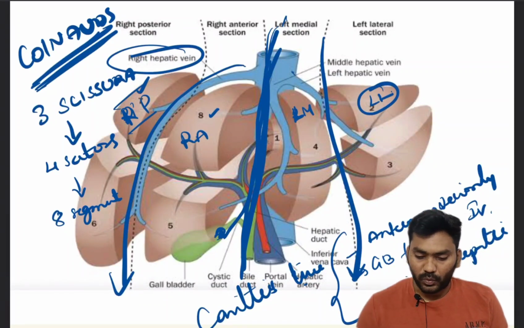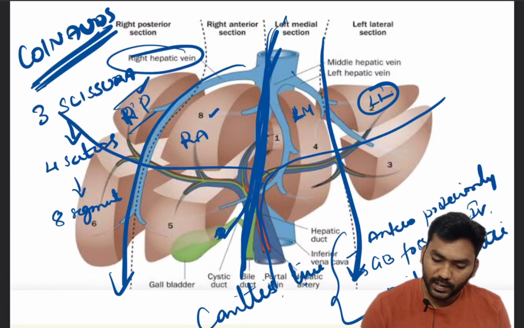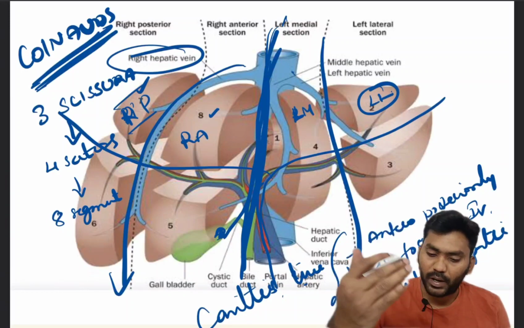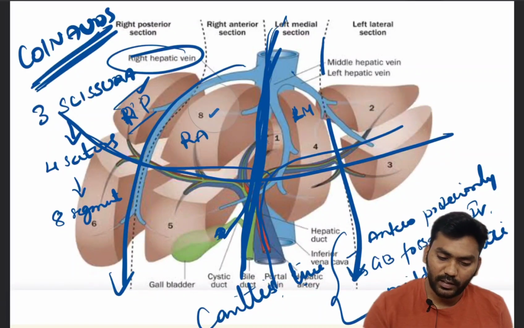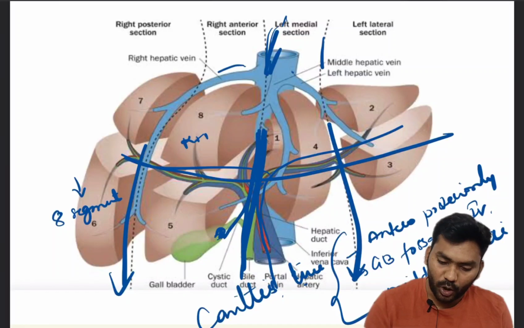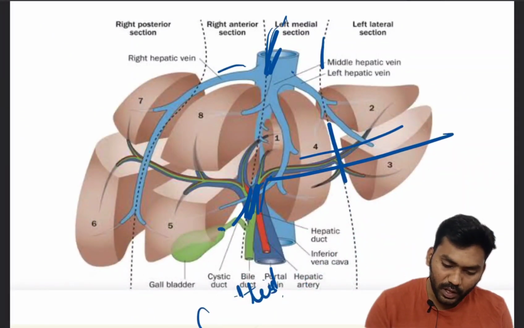Okay, the portal vein coming from below will transect the liver and divide the upper and lower parts. Thereby the total division will divide the liver into 8 segments, and they are numbered in a clockwise manner.